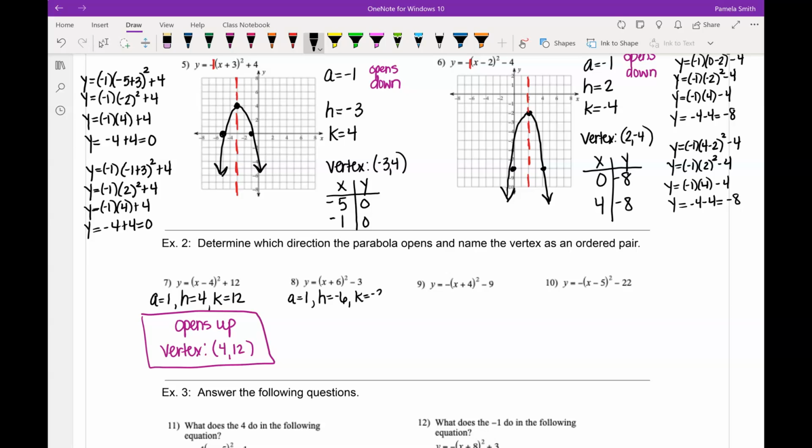And K would be just what we see at negative 3. So does this one open up or open down? A is positive, so this opens up. And my vertex would be the negative 6, negative 3. Just bringing H and K together.